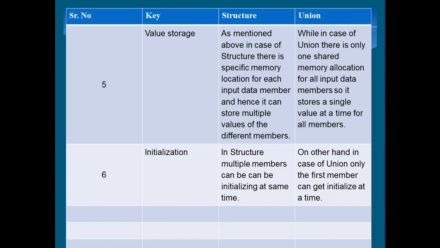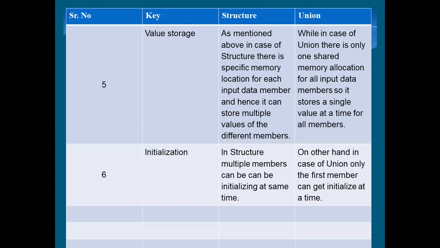So in the structure, multiple memory locations are available, a separate one for each member, whereas in the union only one memory location is allocated. Hence, in the structure we can store different values for the members, but in the union we can store only a single value.